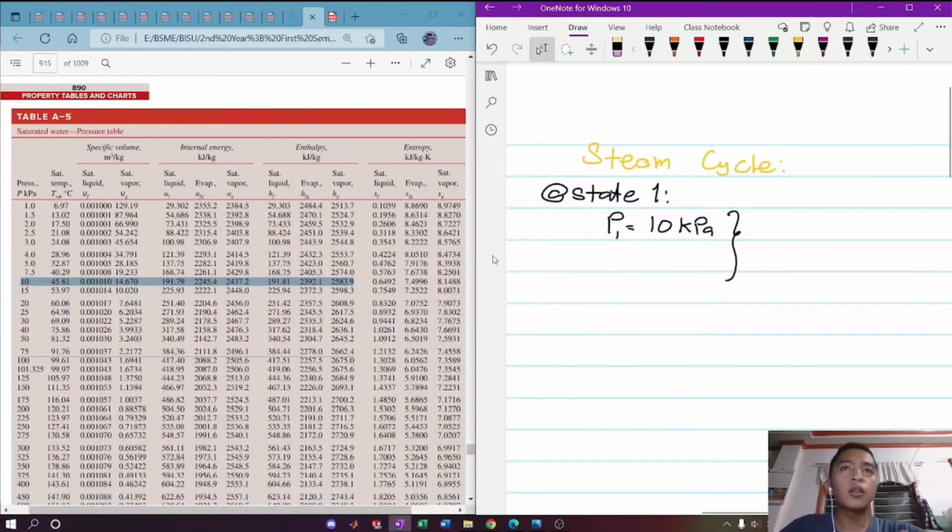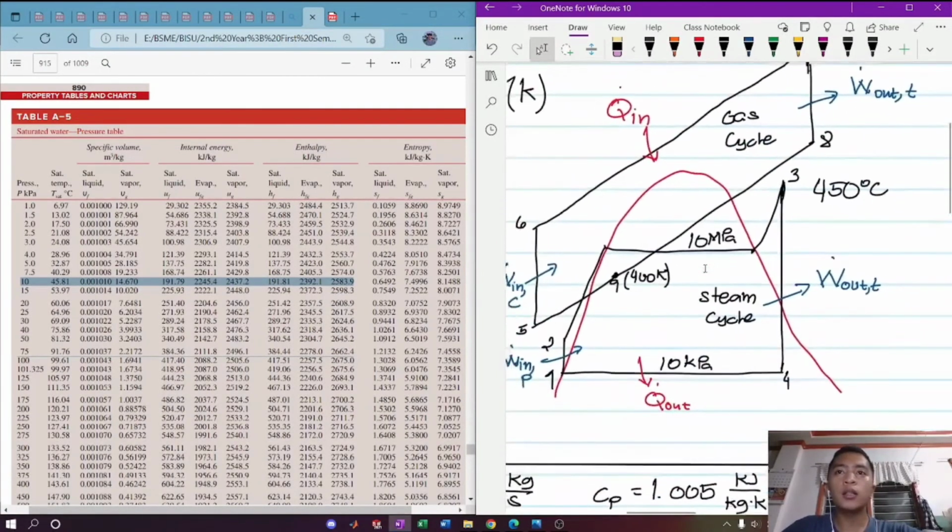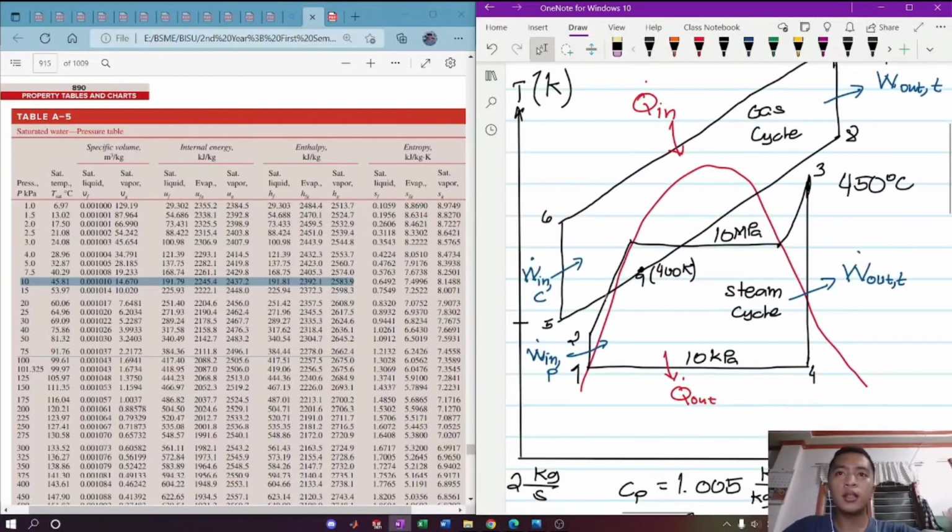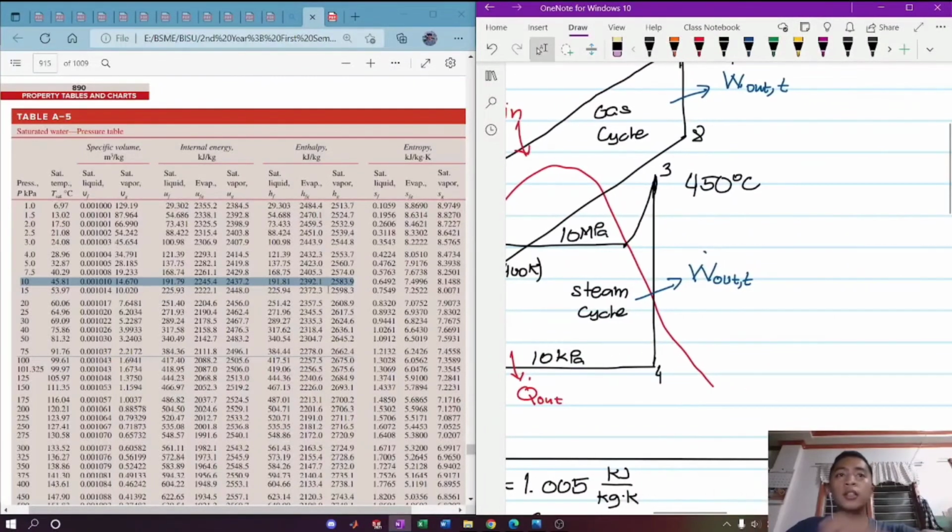At state 1, it is on the saturated liquid line. Its enthalpy is 191.81.